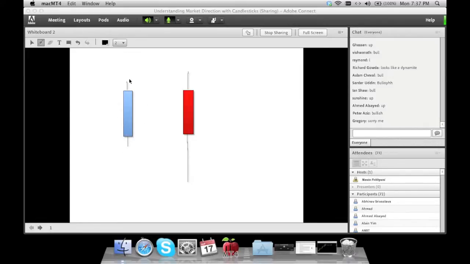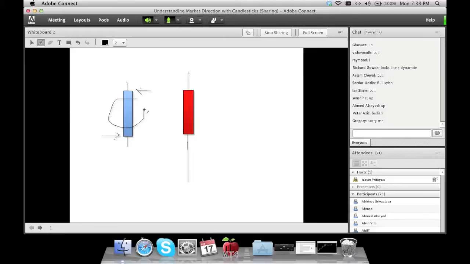Having that said, this blue candle: the market opens up here, and it closed over here at the top of this blue zone. This is the reason why it's blue, because it is above the open. That's why this part is blue.